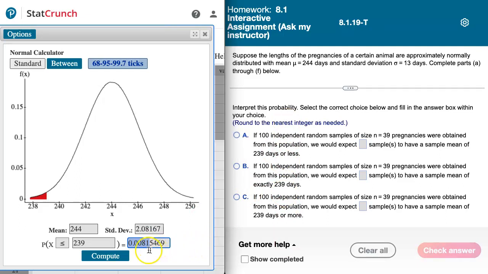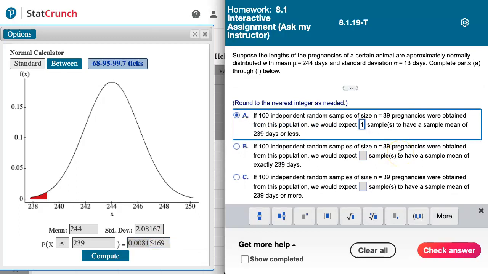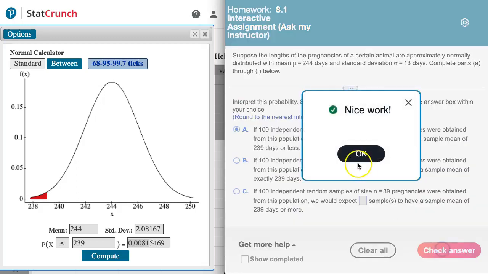So rounded to the nearest whole number, 0.0082 times 100 would be 1. So I would expect one sample to have a sample mean of 239 days or less. Again, given all the other setup there is the same.